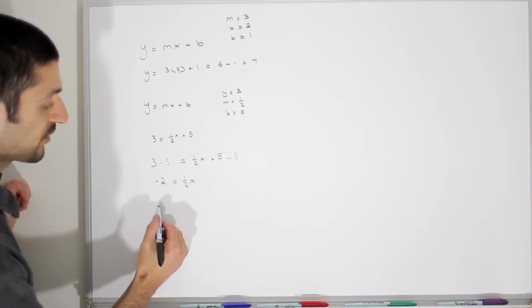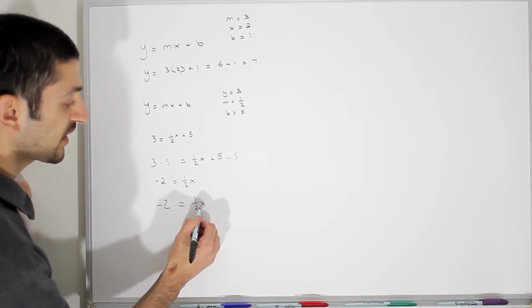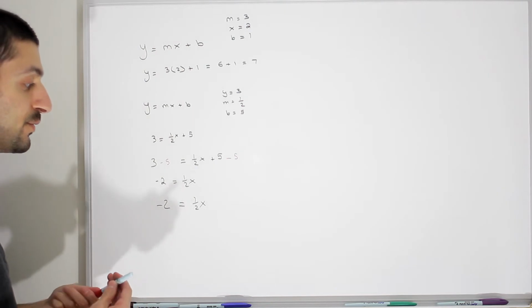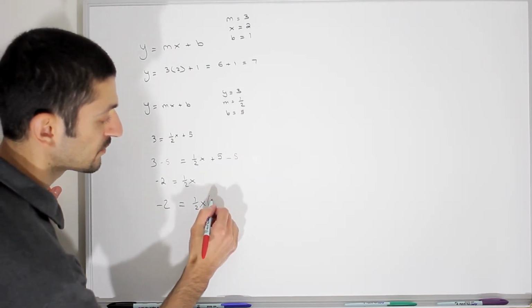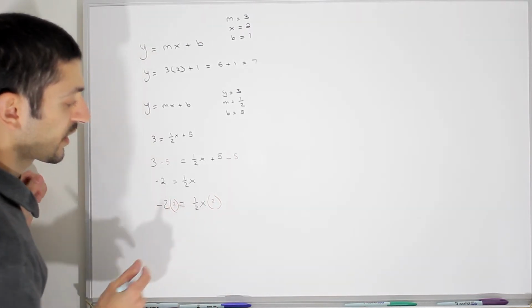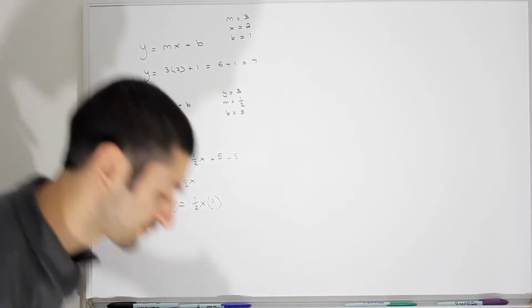Now what we have to do is, with -2 equals 1/2 x, multiply this side by 2. If you multiply this side by 2, we have to multiply this side by 2. Therefore this value is still equal to that value.